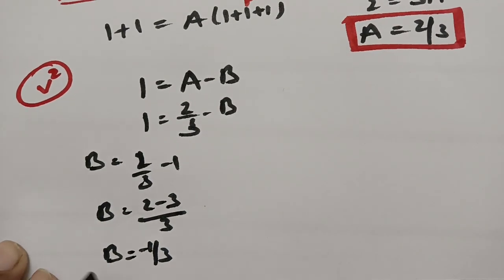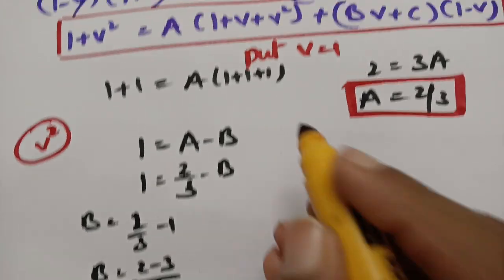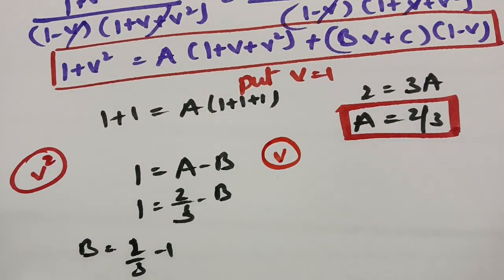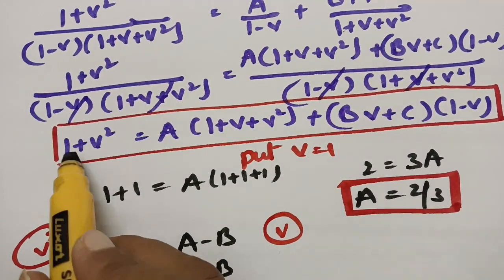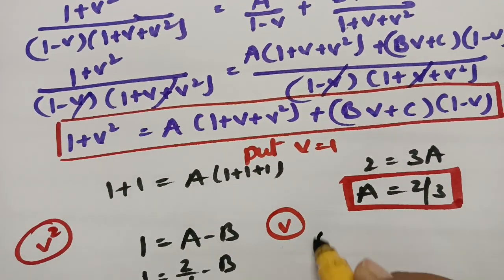Clear? Now, equating the v coefficients: there are no v terms on the left, so I am putting 0.